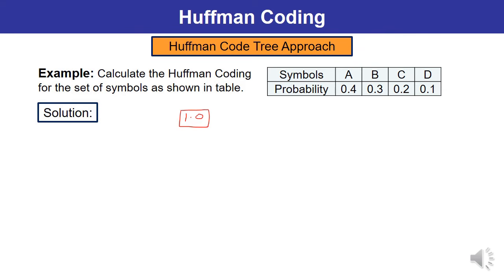Start from this node. Then you have to divide it as per the symbols and their associated probability. So what would be the first branch? This 1 can be divided as the sum of 0.4 and 0.6. Sum of 0.4 and 0.6 is what? This is 1, and 0.4, this is denoted as A. It means symbol A can be recovered over here.